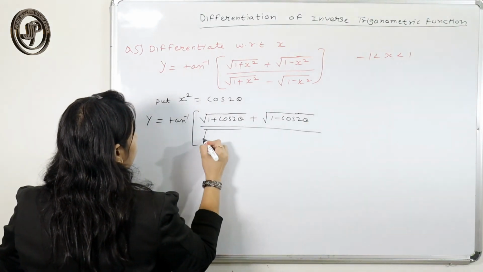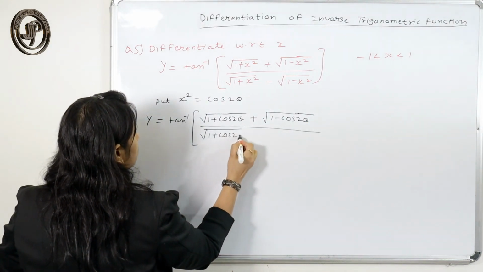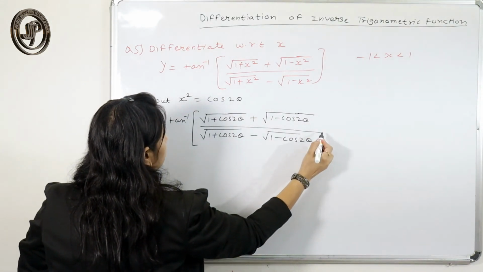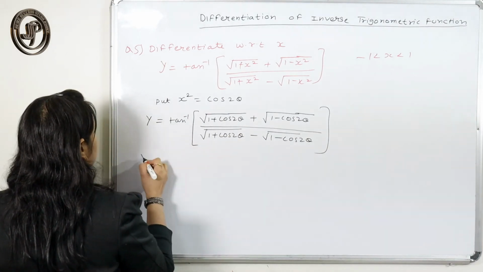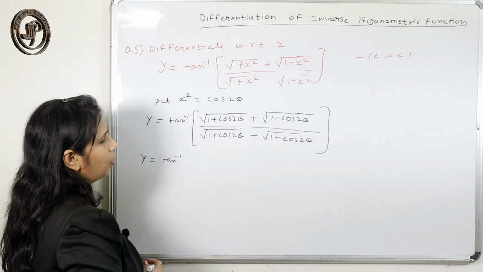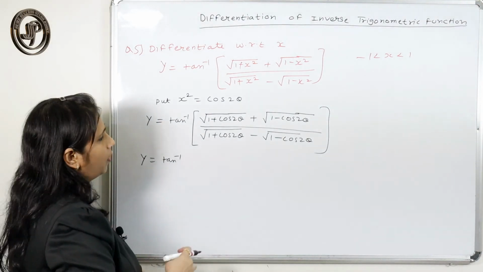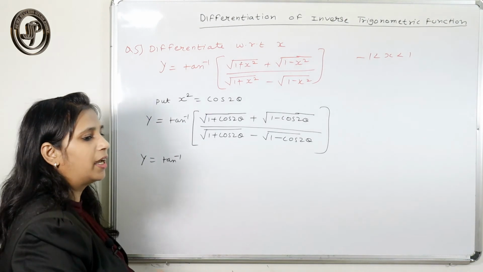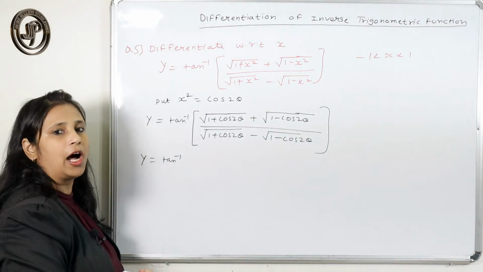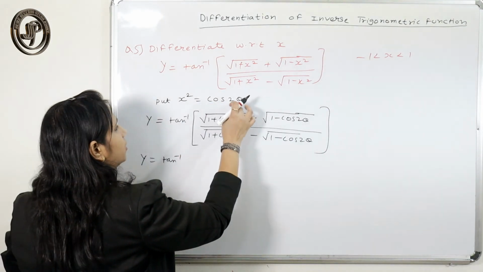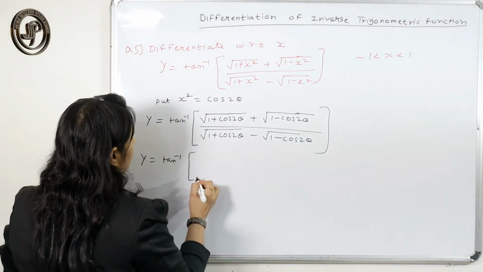Why have I not substituted that as cos theta? Because if I put the formula for 1 plus cos theta, then I will get the result in half angle. So to avoid the half angle, I have substituted x square as cos 2 theta.